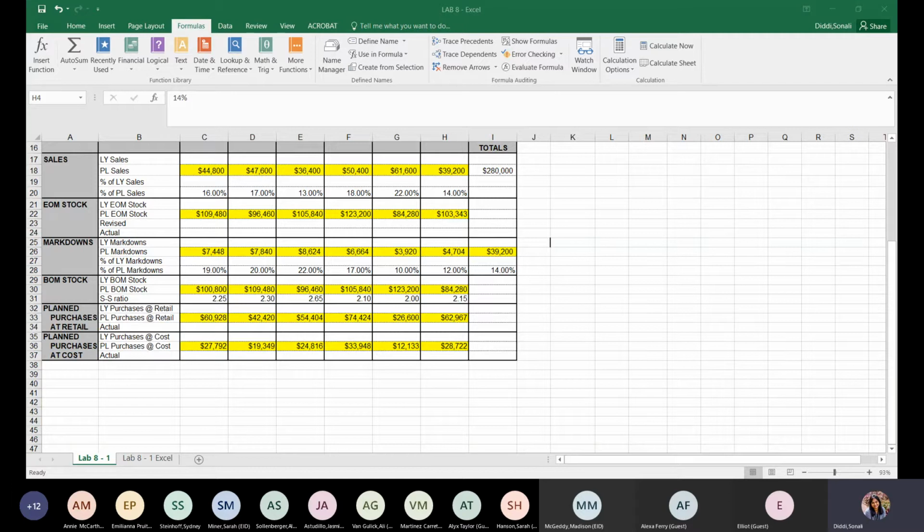For your third problem, which you're supposed to do for your lab in the merchandise plans PDF, you do not have information for markup percent. So you're not going to calculate markup percent, and hence you're not going to calculate planned purchases at cost.